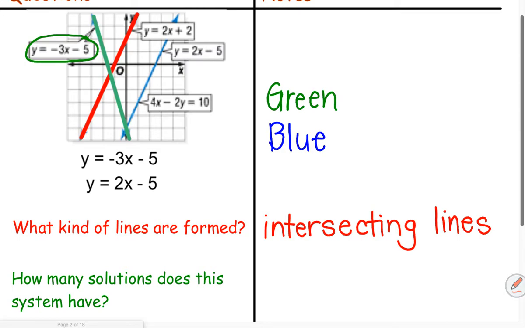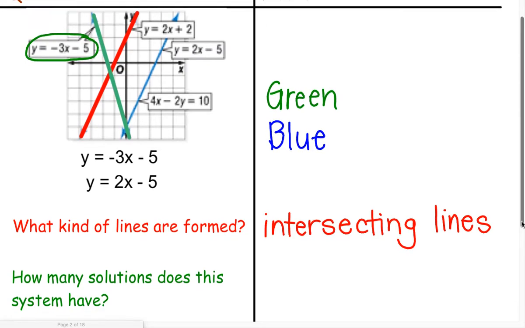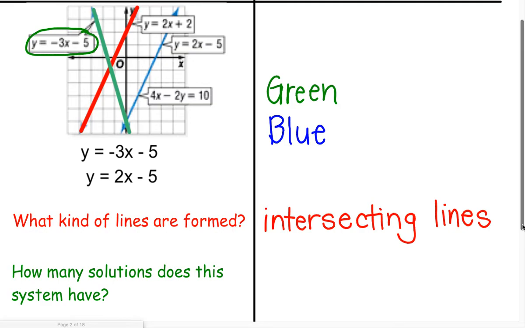How many solutions does this system have? So think to yourself, if two lines cross, how many times are these two lines touching each other or crossing each other? They're crossing each other once. The blue and the green line cross each other right here. They cross each other one time, so there is one solution. And we are also going to name where they intersect.